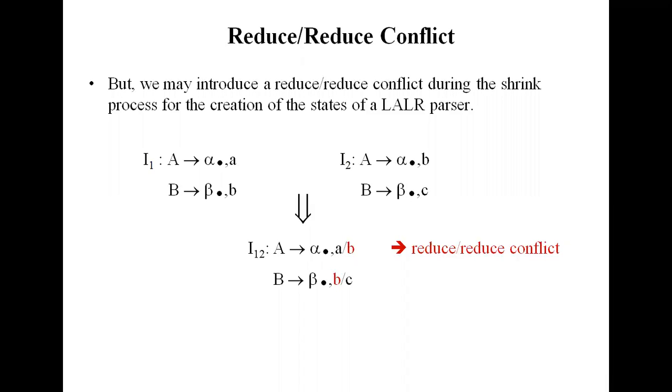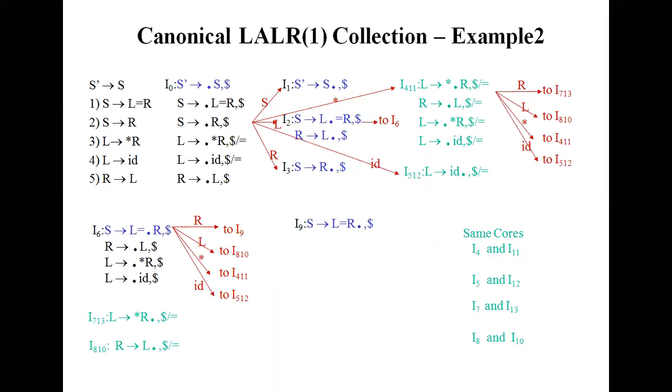And with this, the bottom up parsing concept was completed, right? All of you make a note of this example, example number 2, and construct the LALR parsing table for the given example.